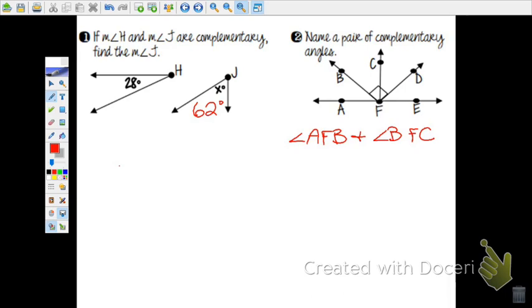Okay, they're adjacent, but that doesn't mean they're complementary. How do they have to add up to 90 to be complementary? Because of that right symbol down there. Okay, but my right symbol is for these two angles. Those aren't the two angles that you gave me. So do I know that these two angles that you gave me are complementary?